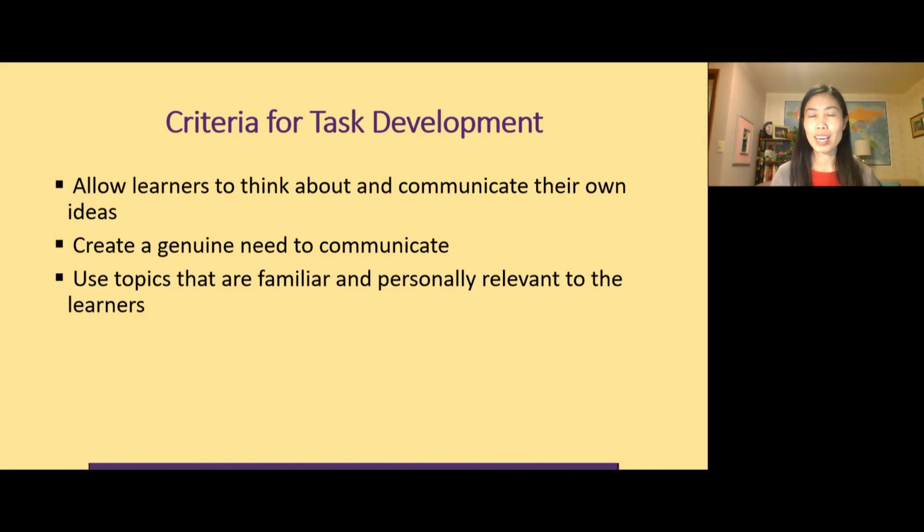For example, when I taught in China, in one of the workshops that I was invited to teach, the task that generated a lot of communication was the one where students were asked to draw their own pictures and create their own stories and then tell the stories to their partner. Again, the partner also had to order the pictures. That's one way for you to maximize learner engagement.